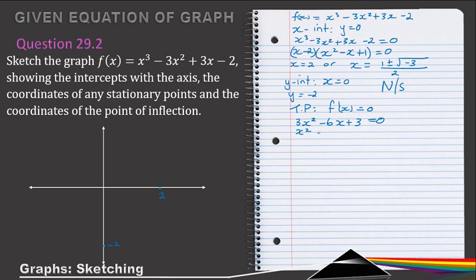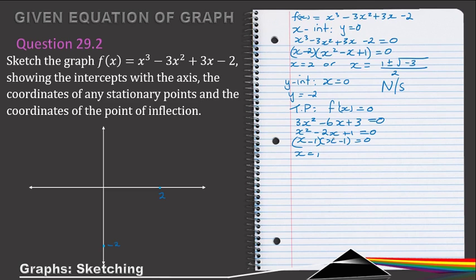I get x squared minus 2x plus 1 equal to 0. And if I factorize that, I get (x minus 1)(x minus 1) equal to 0.